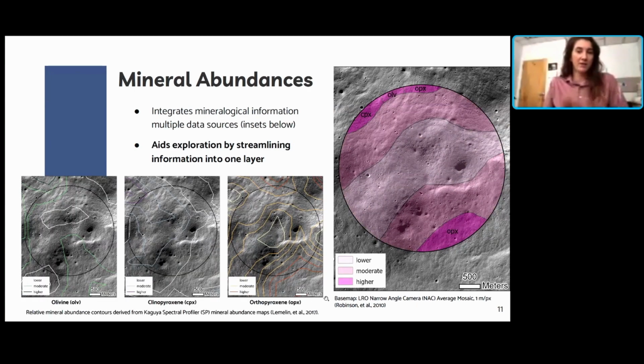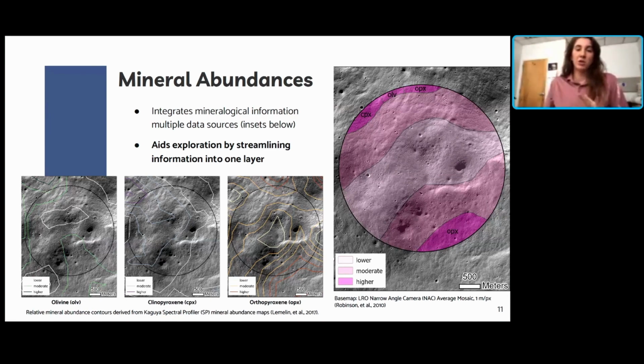The last kind of tactical map that I will introduce here is mineral abundances. So on the bottom, we have 3 different relative contours of mineral abundance for olivine, clinopyroxene, and orthopyroxene from the Kaguya Spectral Profiler. And these have been amalgamated into what is like a heat map on the right-hand side, with low mineral abundance being the lightest pink and increasing in mineral abundance to the darkest pink, with labels of what kind of mineral the crew might expect if they get there.